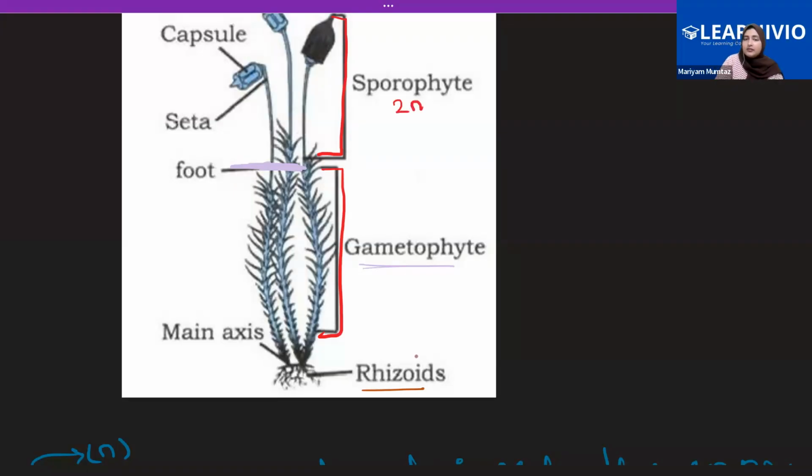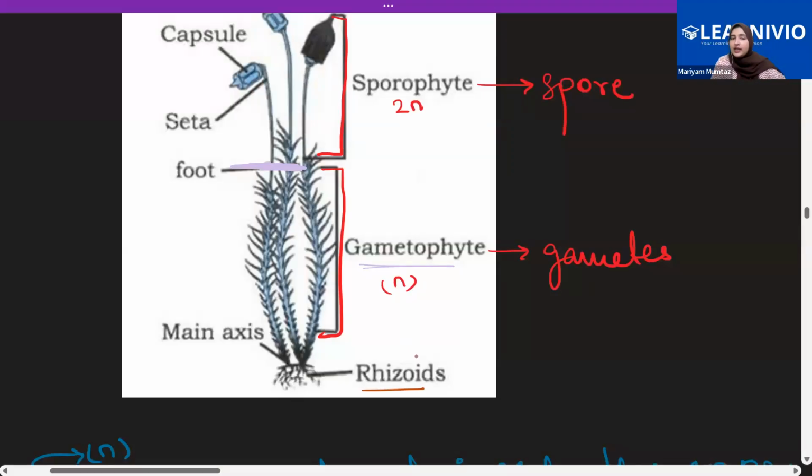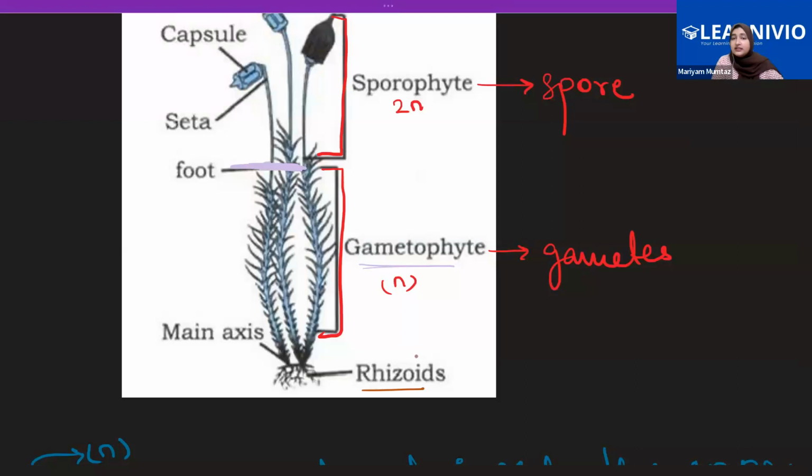The gametophytic plant body is haploid. It will give rise to the gametes and the sporophytic plant body will give rise to the spores. Furthermore, the sporophytic plant body is divided into three parts: capsule, seta, and foot. It is made up of three parts.